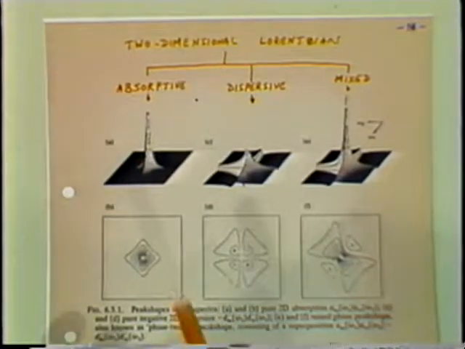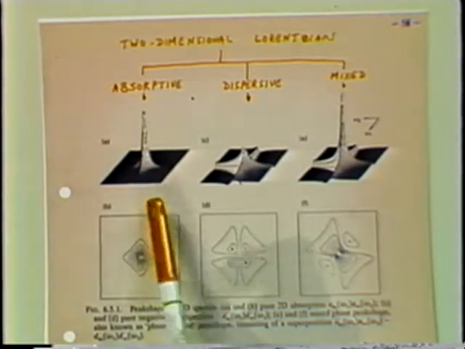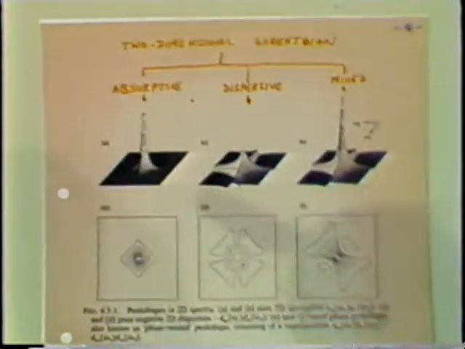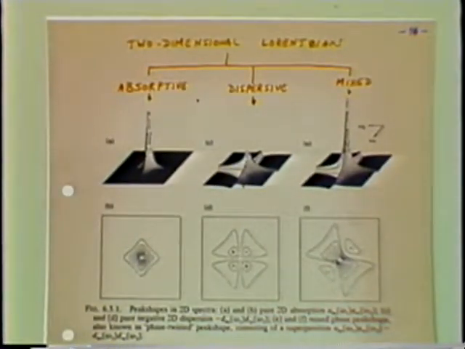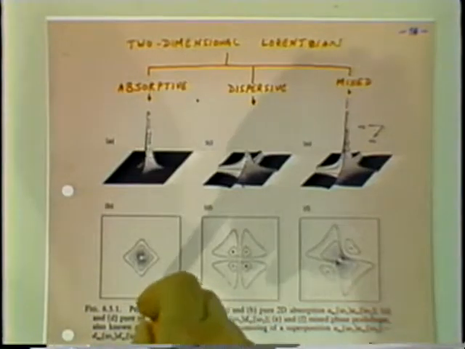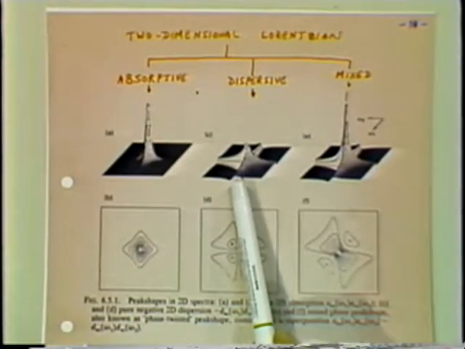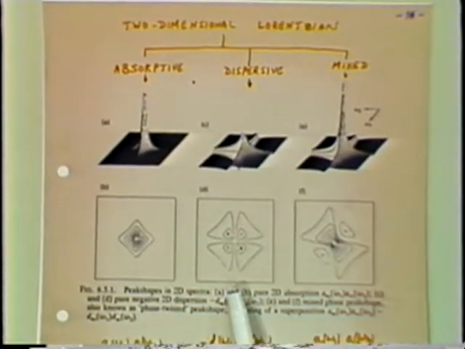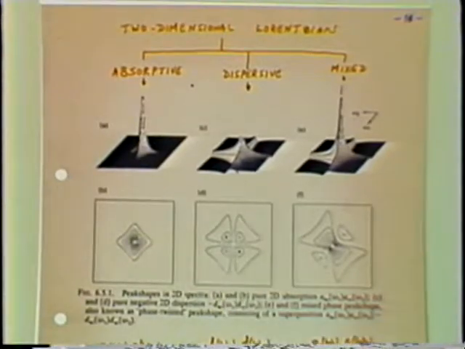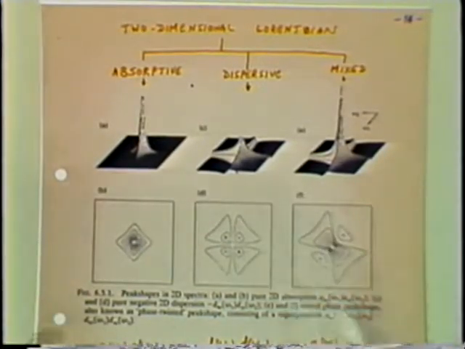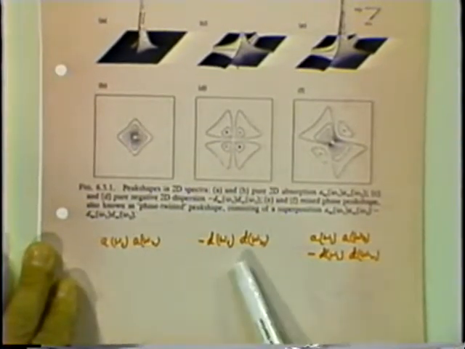This is the purely absorptive signal in the two time domains, absorptive in both omega 1 and omega 2. In the contour plot form it looks like this, and in a stacked plot form it looks like this. This is a purely dispersive signal in both omega 1 and omega 2, and it looks somewhat like this, which has positive values here and negative lobes here, and this is a big slanging shape. I have shown this here also.